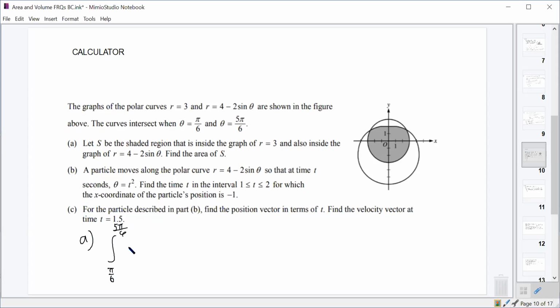It's 4 minus 2 sine theta squared d theta. And so that gives us from this intersection point of pi over 6 to here.